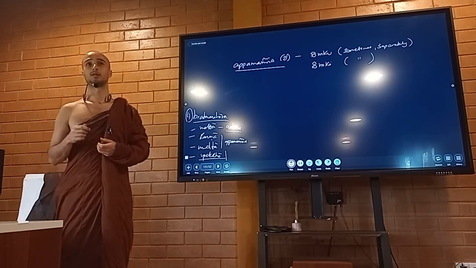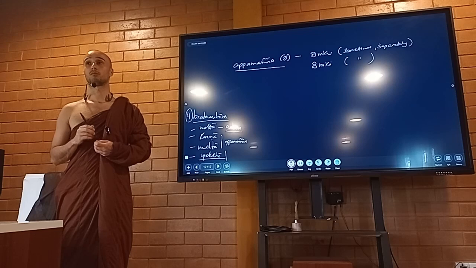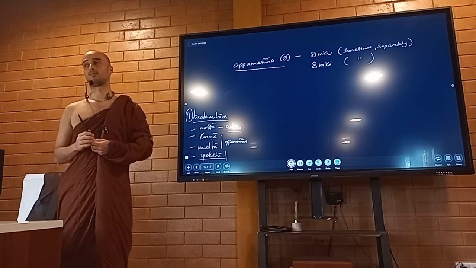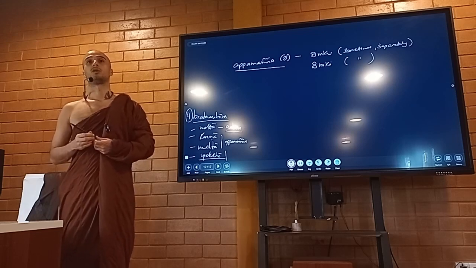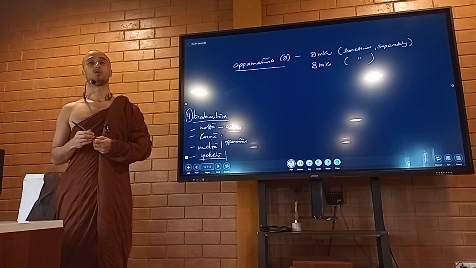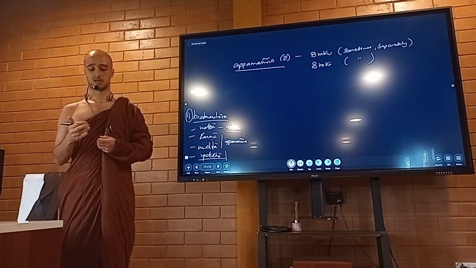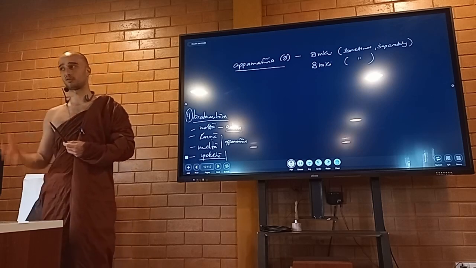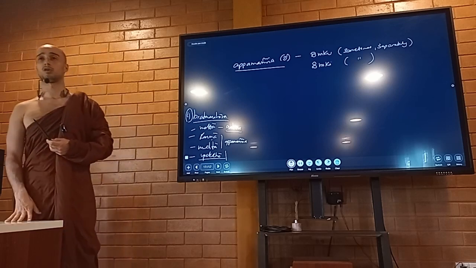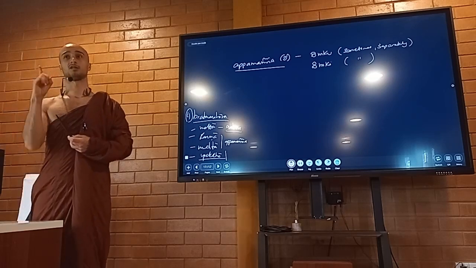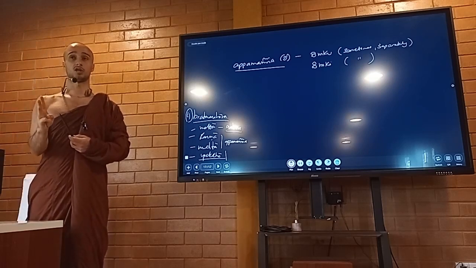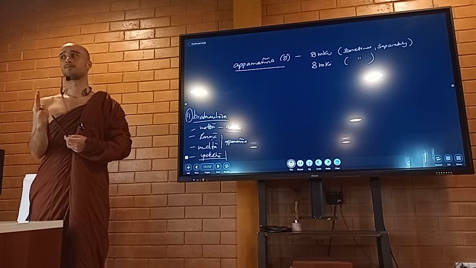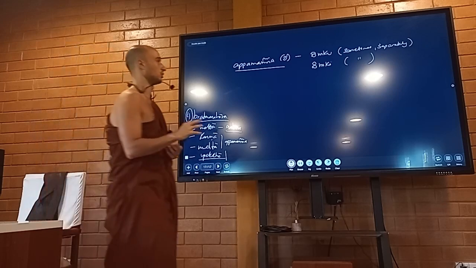What about now Rupavachara cittas? They can appear in some of the jhanas. Which of them? In Rupavachara we have 5 jhanas. These cetasikas don't occur with Upekkha vedana in the 5th jhana. They occur in the 1st, 2nd, 3rd, and 4th jhanas.